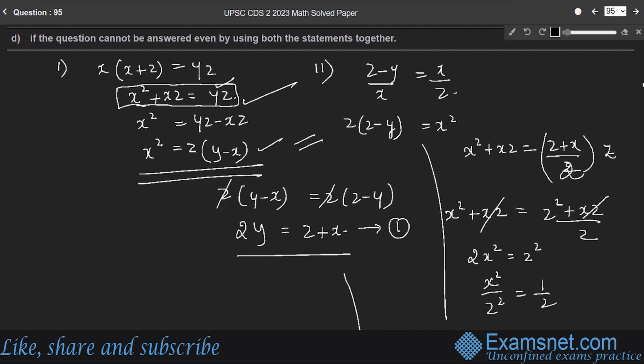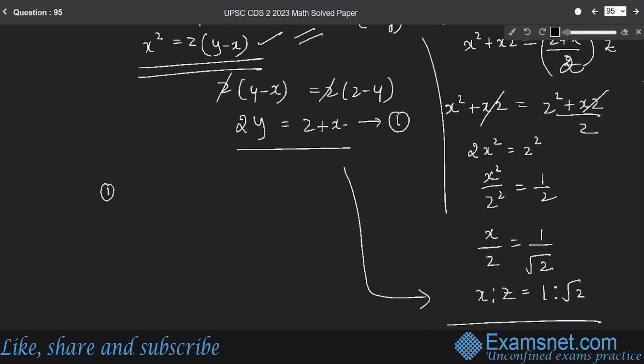So equation 1 becomes, 2y is equal to, so x by z, right? So in which I'll take x as z by root 2, right? So z plus x becomes z by root 2.